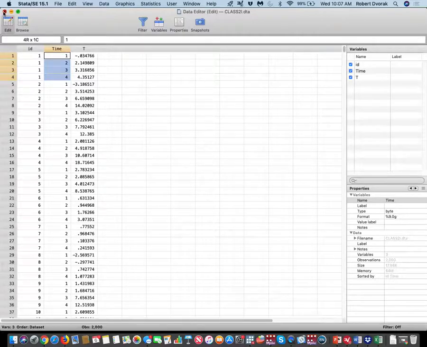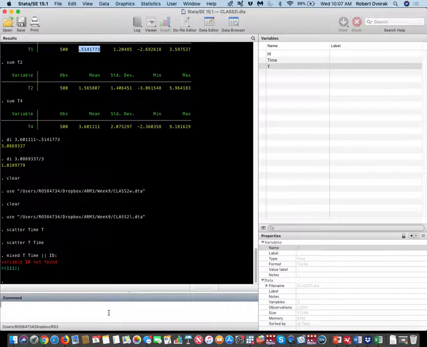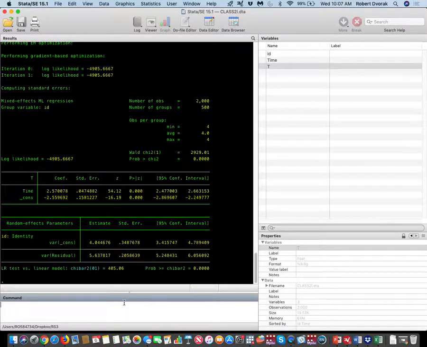And in fact, if we do something like this, mixed t time ID, oops, little baby ID. We're going to get something like this. It says our constant is minus 2.55 and our slope is 2.575.